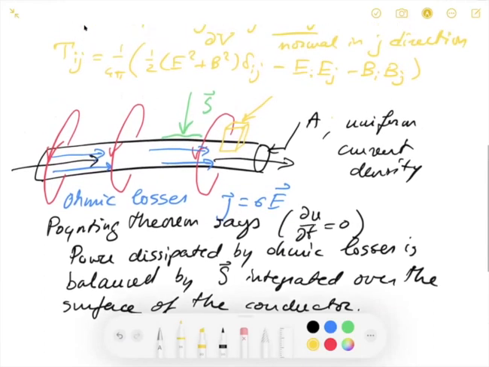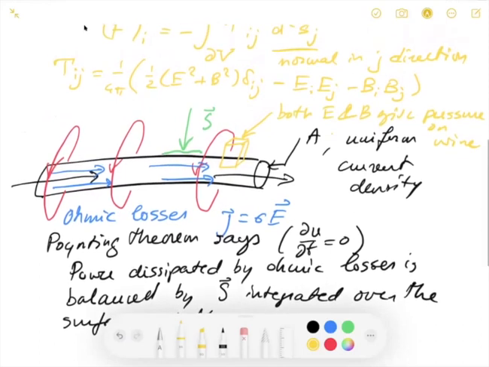So both E and B give pressure on the wire. It's a little harder to see exactly what's happening because you have both the electric field and the magnetic field in the Maxwell Stress Tensor.